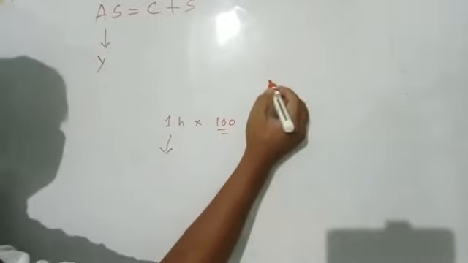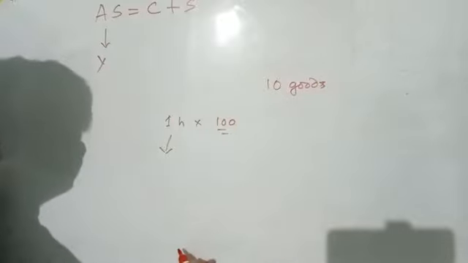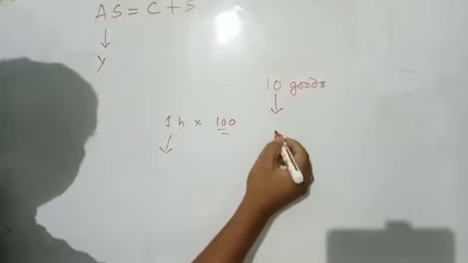When a farm produces 10 goods, then the market price of the 10 goods may be 100.